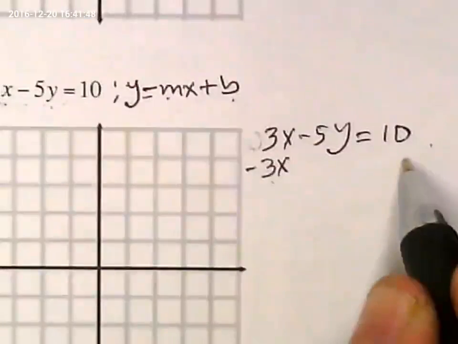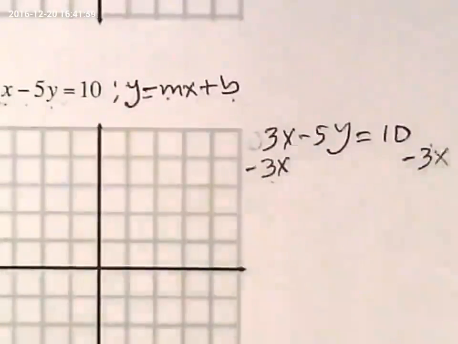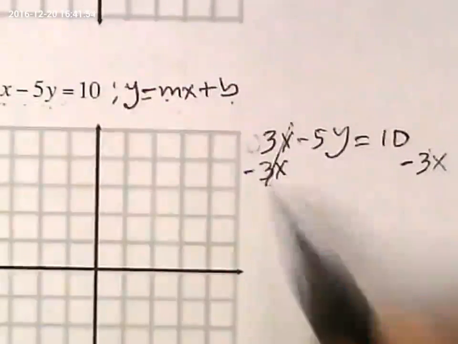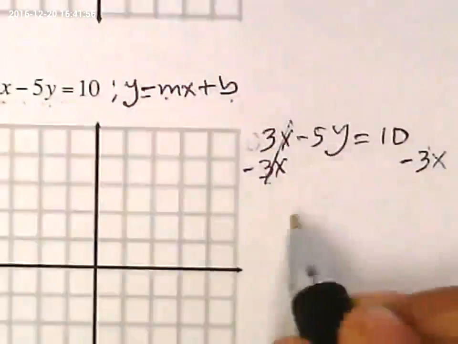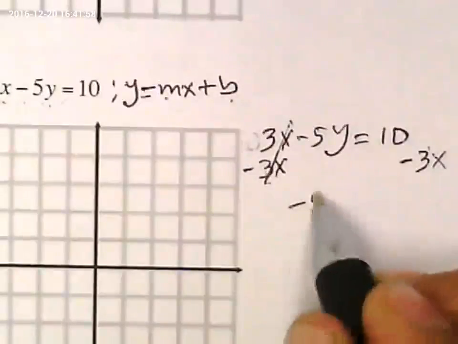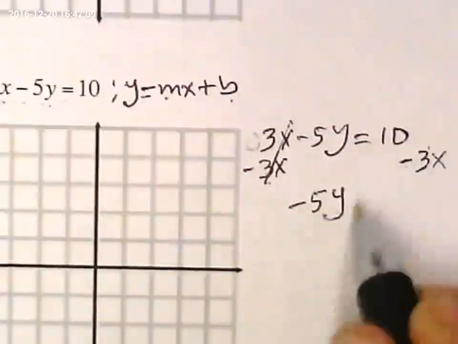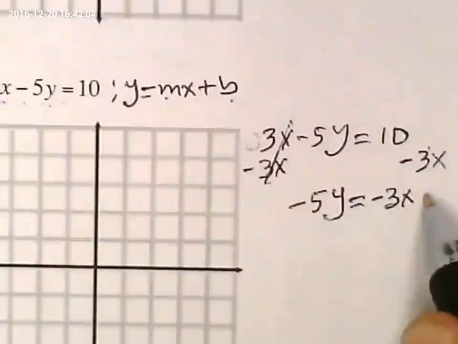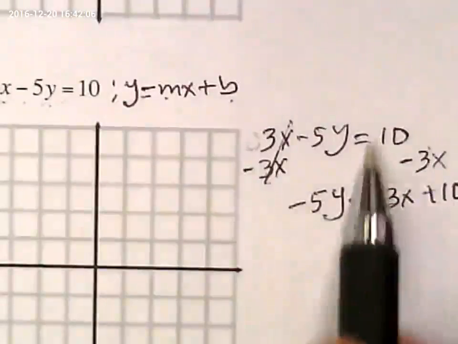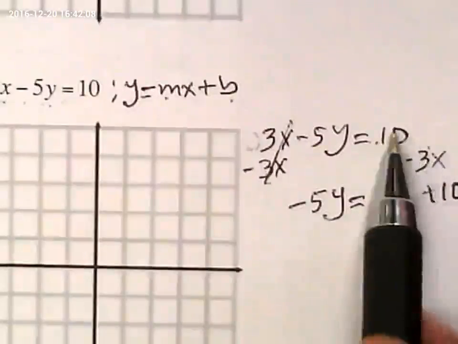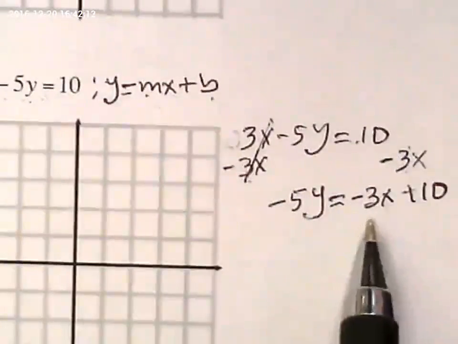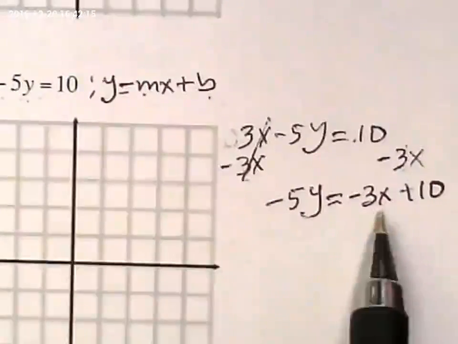So I'm going to write it here, minus 3x, the other side of the equation. 3x minus 3x cancel each other. I'm left with, on this side, minus 5y equals, I'm going to write negative 3x first, plus 10. This is positive 10, because they're not like terms, we cannot do any operation with them. So you just write them as they are.